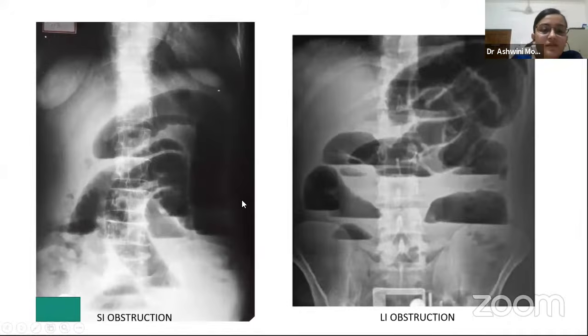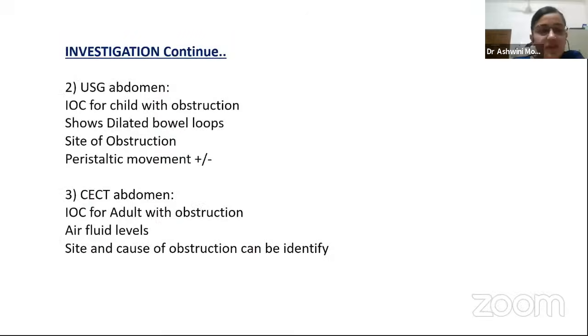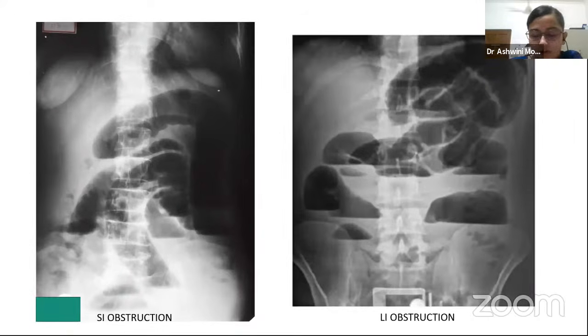Whereas if the ileum is involved, it is called a featureless loop of Wegenstein, as no specific features will be seen as in the jejunum. If the large bowel is involved, there will be haustrations and peripheral air fluid levels on the AXR, as I showed. Right? So this was the basic first investigation we will do.